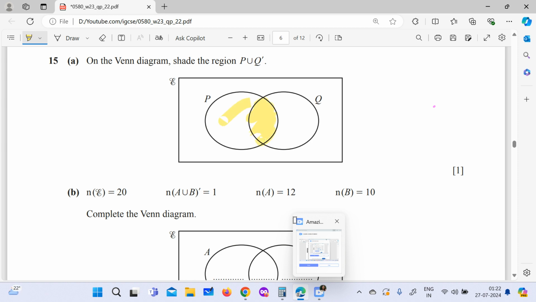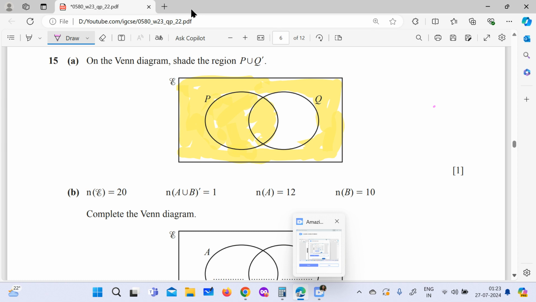Not Q, so we will leave that side and you can shade it like this. So we are not shading Q and the rest of the parts we are shading. So we have to shade P union Q dash, but we should not touch Q.